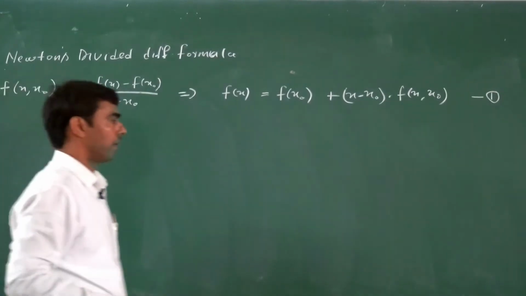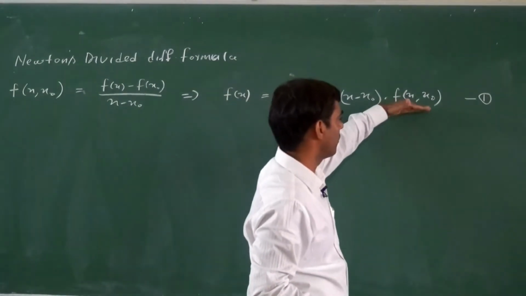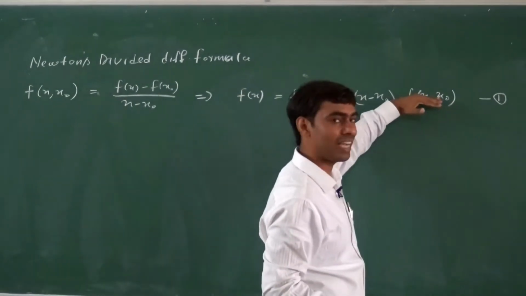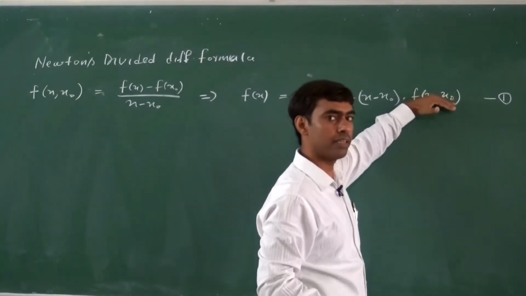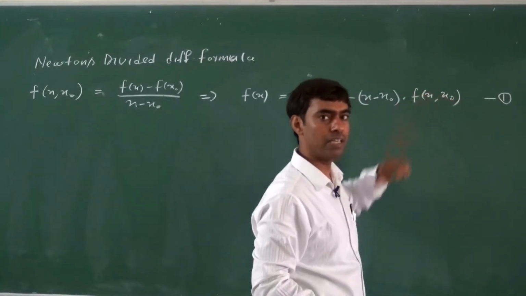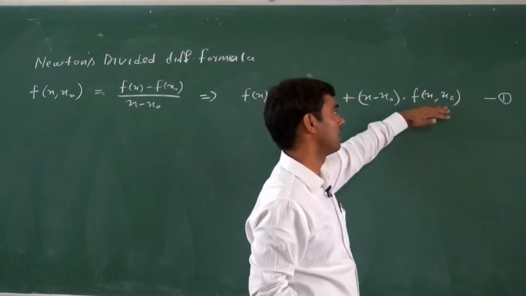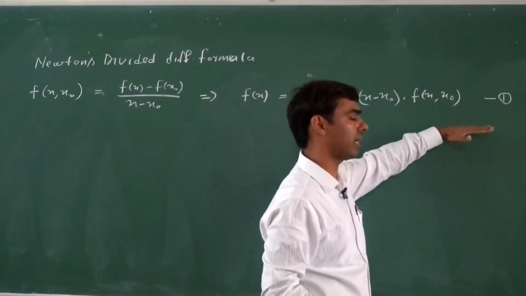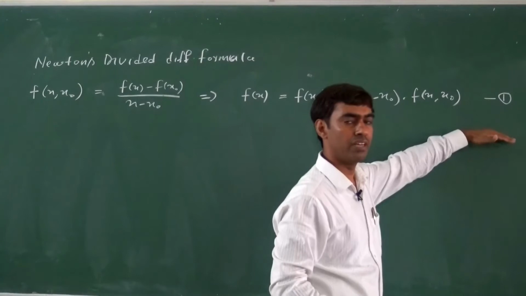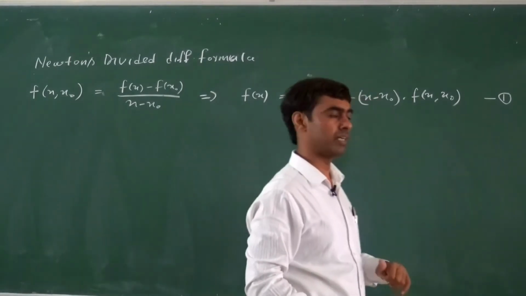In the next step, we replace the value of f of x, x0 with the help of a second order divided difference. Then again we replace the value of f of x, x0, x1 with the help of a third order divided difference.